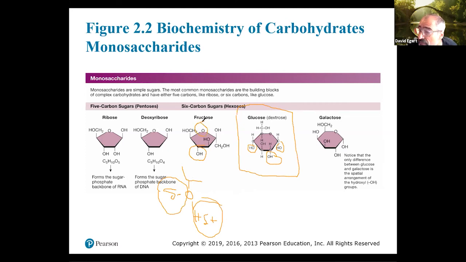We also have this oxygen in the ring with its lone pair electrons where we're going to have a preponderance of negative charge. So when you look at any of these simple sugars, the fact that they have hydroxyls hanging off them and the oxygen, it's pretty clear that it's polar and is going to want to dissolve in water.